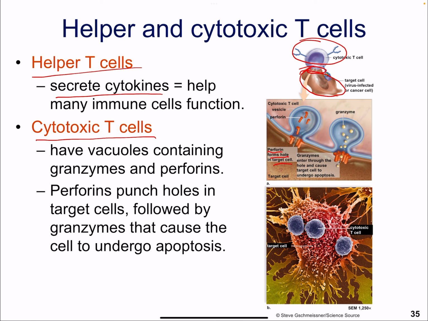These perforins are going to form holes in the antigen presenting cell. And through these holes, we're going to have some enzymes that we call granzymes that are going to be pumped in the antigen presenting cell. And that antigen presenting cell is going to die because of the granzymes here, all right, causing the death of that cell.